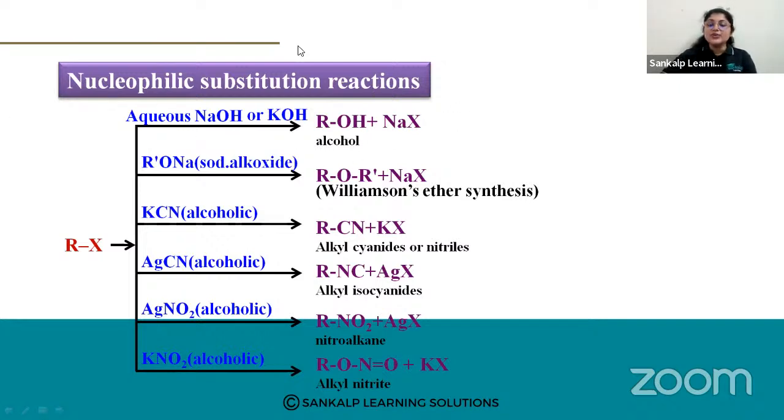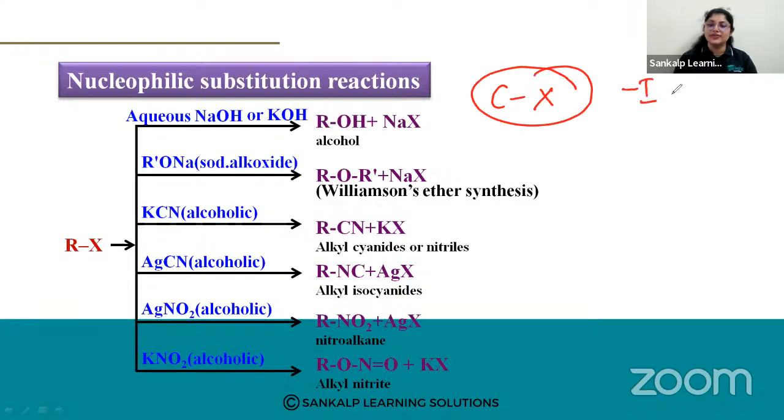So what are these nucleophilic substitution reactions? First, we'll see that. In alkyl halides, we have seen that the C-X bond is a polar bond, right? In the first class itself, we saw that the C-X bond is polar. Why is it polar?